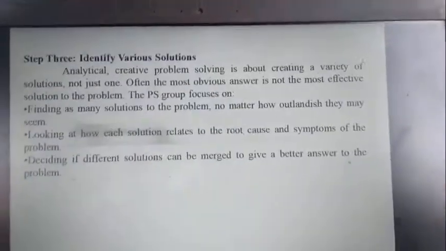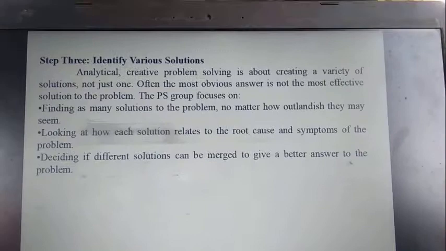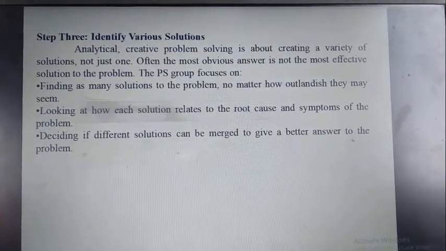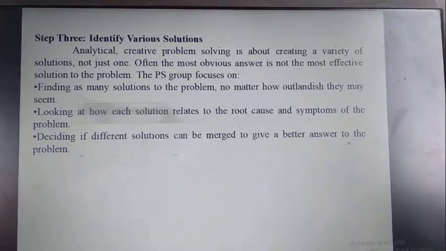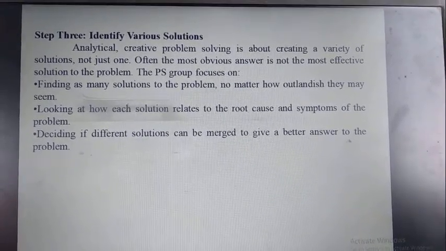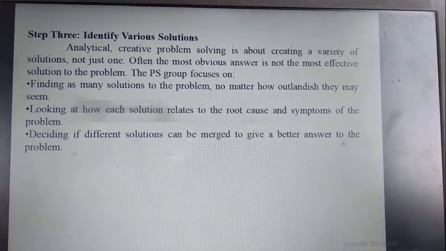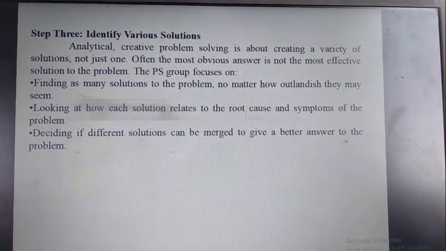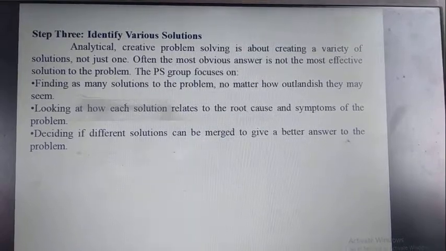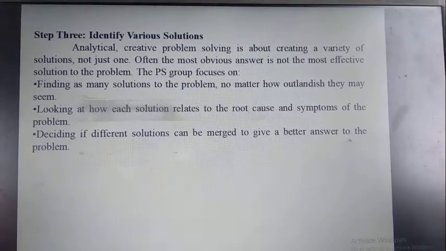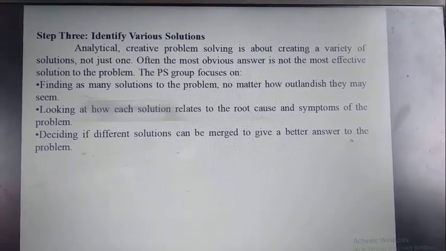The next, third step is identify various solutions. Once the problem is defined, we find the related information, and after that we identify the solutions. Analytically creative problem solving is about creating a variety of solutions, not just one. Often the most obvious answer is not the most effective solution to the problem.